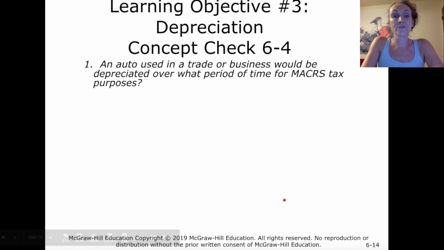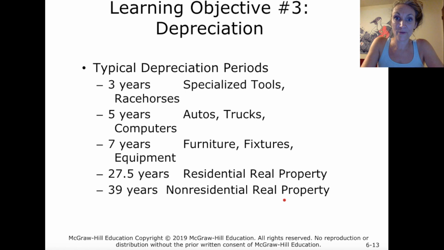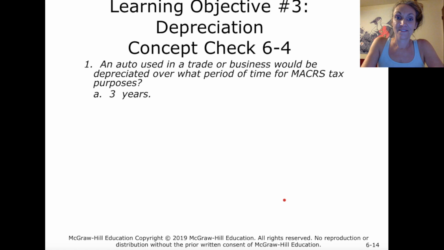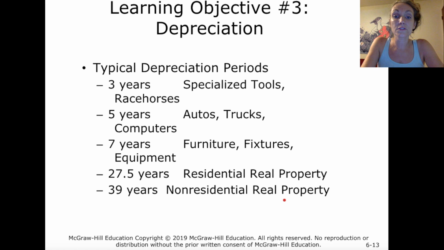Okay, so an auto used in a trade or business would be depreciated over what period of time for MACRS tax purposes? Well, where do we have vehicles? 5 years? Oh, an auto used in a trade or business. Now, the one thing I'm going to tell you, vehicles have all sorts of special rules.